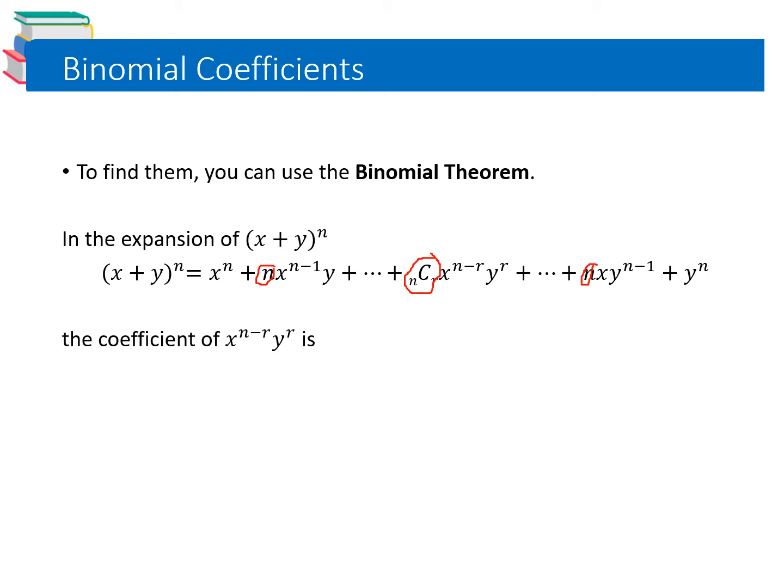So, the coefficient of x^(n-r) y^r is nCr, which is the formula for combination. So, di ko lang sure kung na-topic na to. Pero the formula for combination is n factorial over (n minus r) factorial times r factorial.